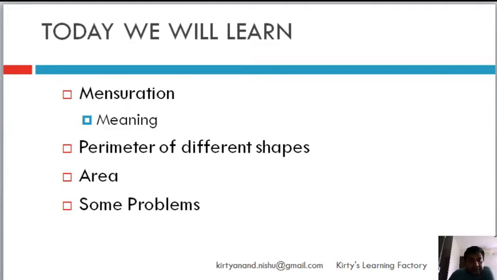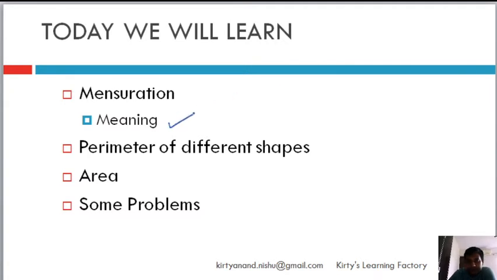And today we are going to learn mensuration. When I was a kid, it used to be one of my favorite topics because mensuration is very easy, and if you learn mensuration, you will be able to solve the problems very well. There are a lot of practical problems in mensuration, which means you can see the application of mensuration.